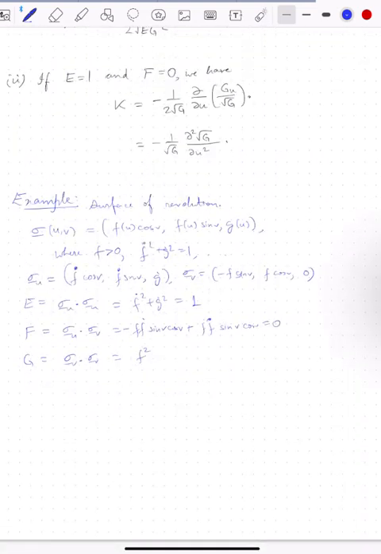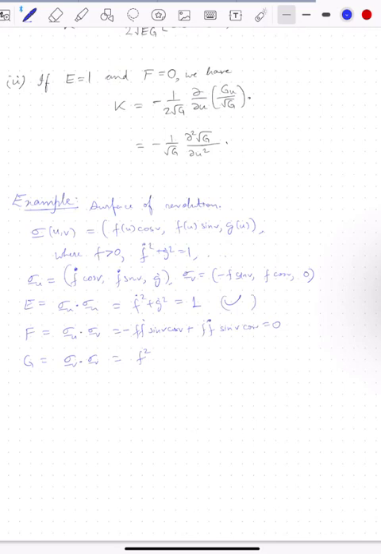So you can clearly see that E is equal to 1 and F is equal to 0. Therefore, the Gaussian curvature in this case is minus 1 over root of f squared times the second partial derivative with respect to u of root G, which is f.